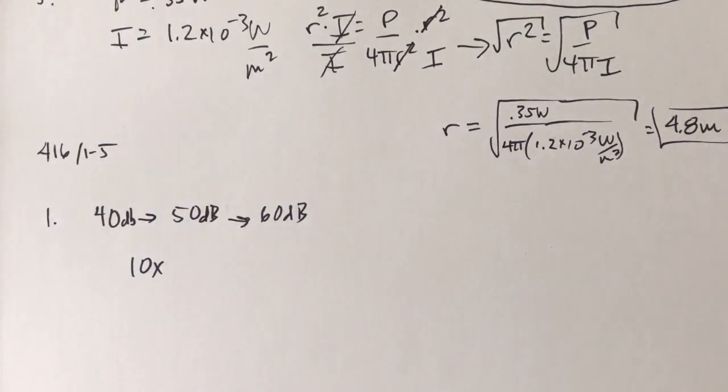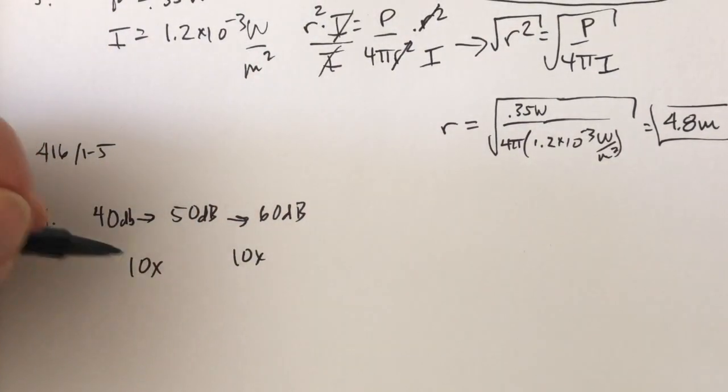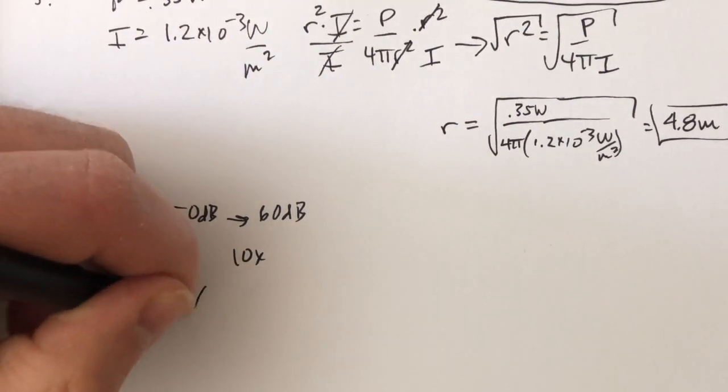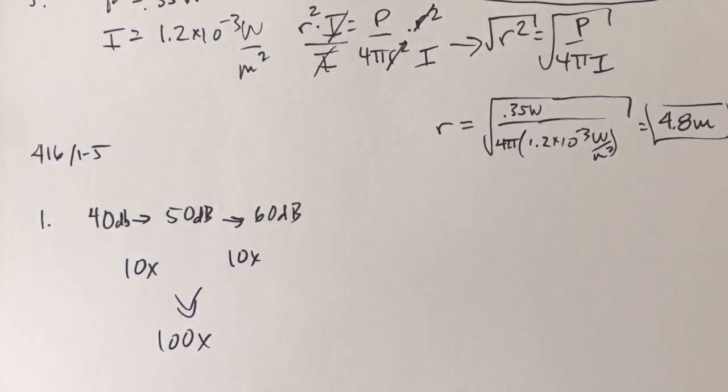Okay, and going from 50 to 60 decibels, that is also a 10-time increase. So if I increase by 10 here and increase by 10 here, that is a 100-fold increase. So every 10 decibels you go up, you're multiplying the previous intensity by 10. It's a logarithmic scale.